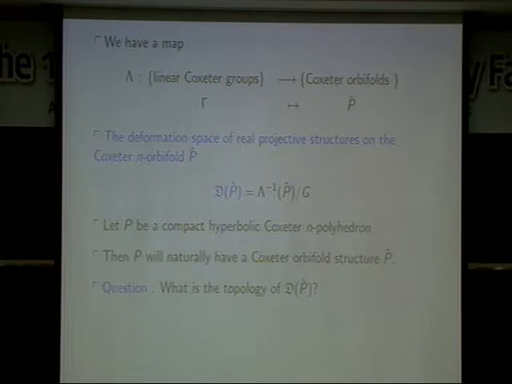So sometimes this hyperbolic Coxeter orbifold is still rigid. I mean, this deformation space is still just a one point set. Or sometimes the deformation space is not a one point set. So in that case, we say that there is a projective deformation.